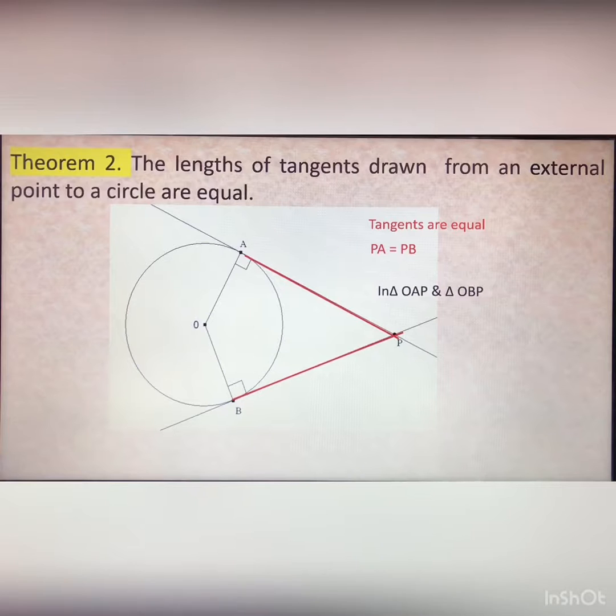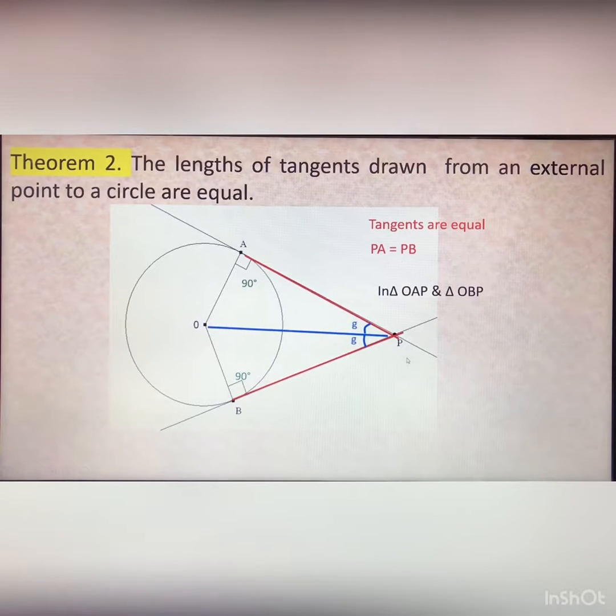So in triangle OAP, this is the construction. Of course, you will join O to P. So this is the construction. Now, this is the angle bisector you have to draw here. So now, the triangles are triangle OAP and triangle OBP.